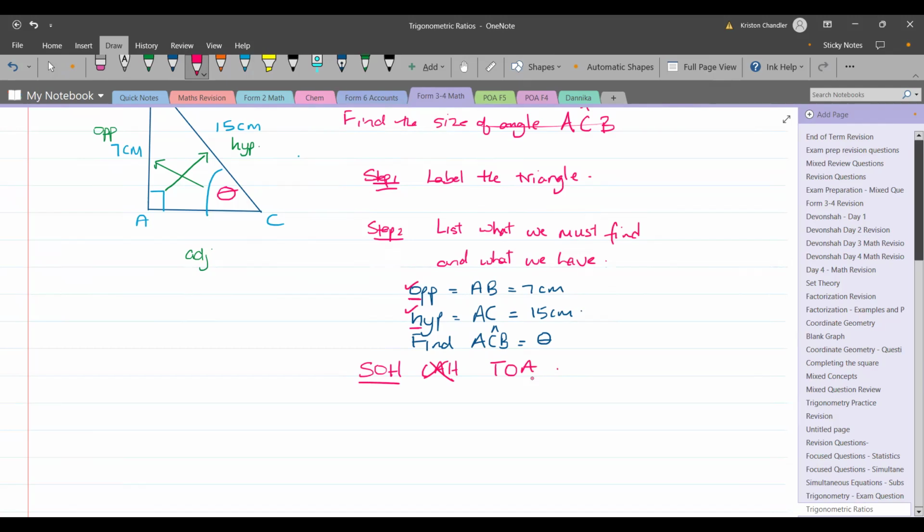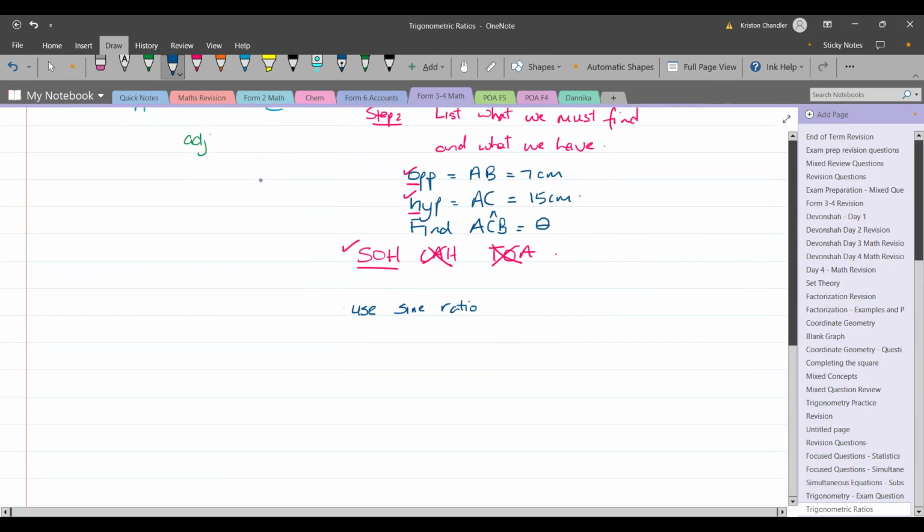Tan only has O, so we can't use tan. So this is how you select which one of the ratios you're going to use, right? Because in our exam question, they're not going to tell you to use sine. You have to determine whether to use sine, cosine, or tan, right? So you choose the appropriate ratio based on what you have, and most importantly, sometimes what you have to find, right? So we're going to use the sine ratio.